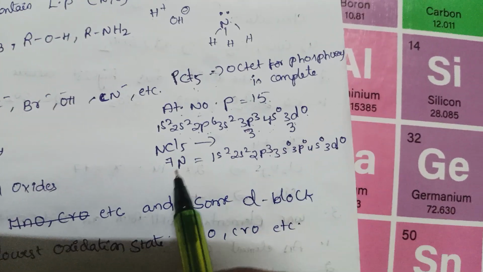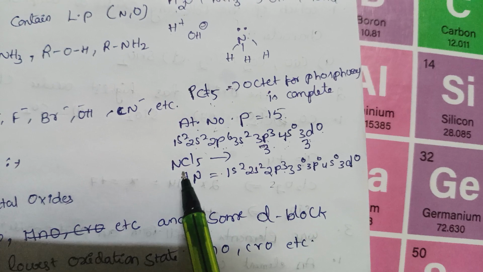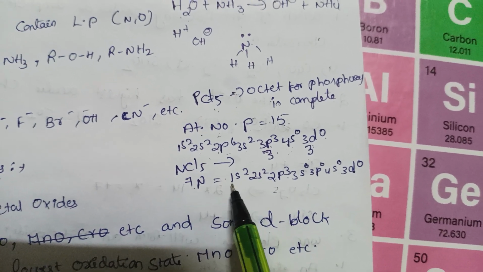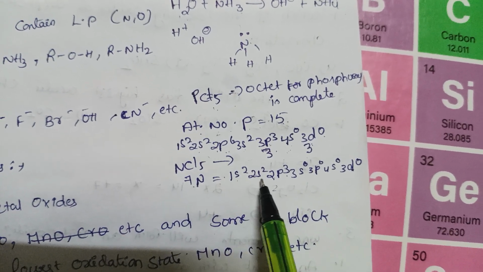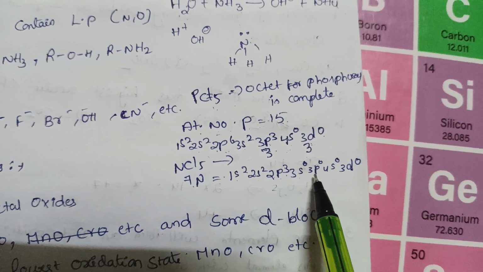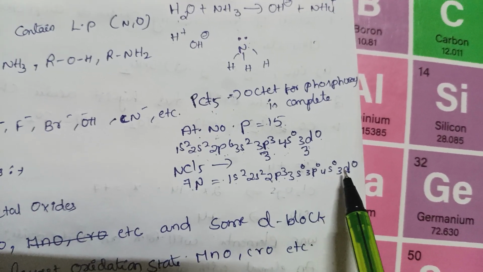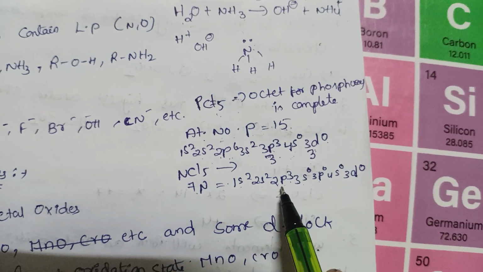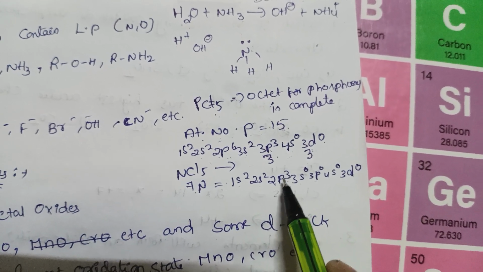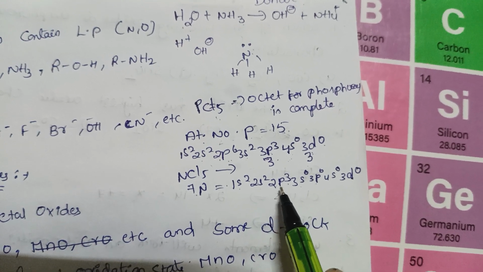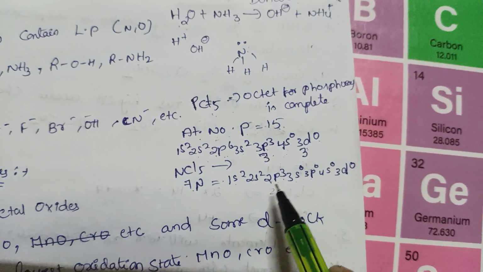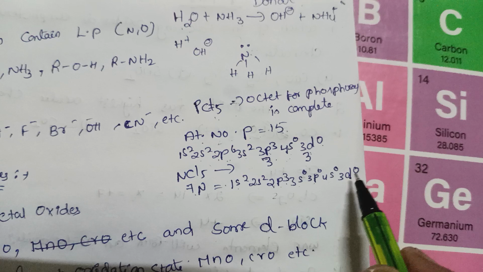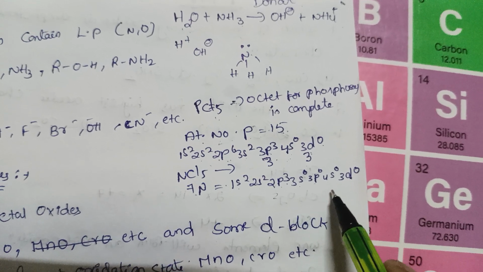If we take NCl5, the atomic number of nitrogen is 7. The configuration of nitrogen is 1s2, 2s2, 2p3, 3s0, 3p0, 4s0, 3d0. The rule is that the principal quantum number of the orbital the last electron enters and that of the next d orbital should be equal.